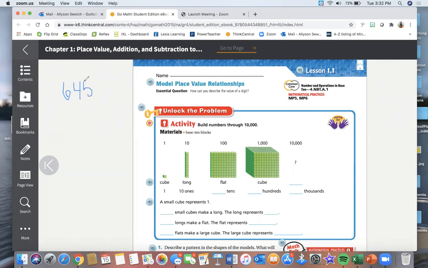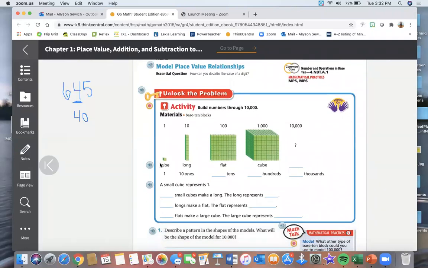And then they would have a number that's underlined and you have to write what the value of that number is. So for example, in this number, the value of 4 is 40, right? And it's in the tens place. All right, so this is more of what we're going to be looking at.